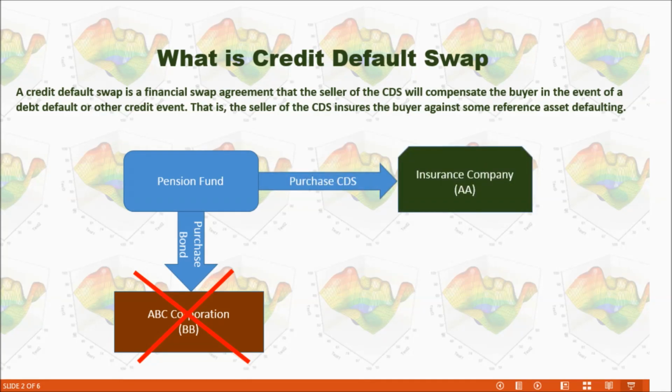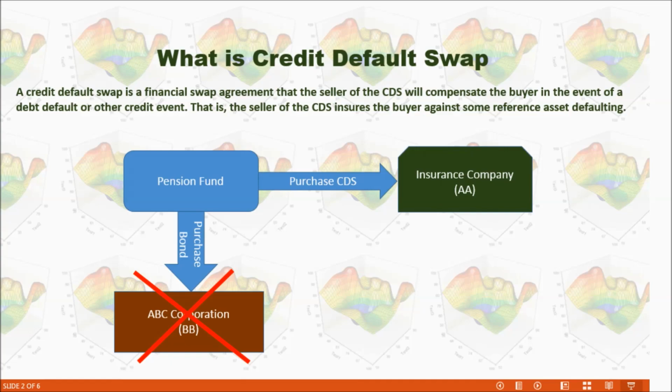Now, you can purchase a CDS from an insurance company which is rated AA. After you purchase the CDS from this insurance company, it is like you purchase insurance for your car.